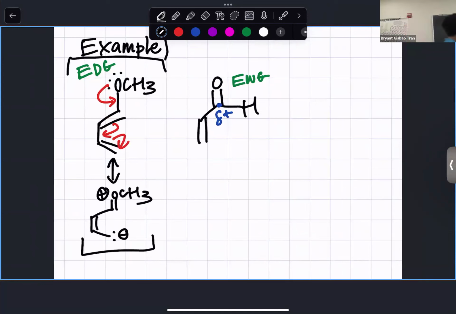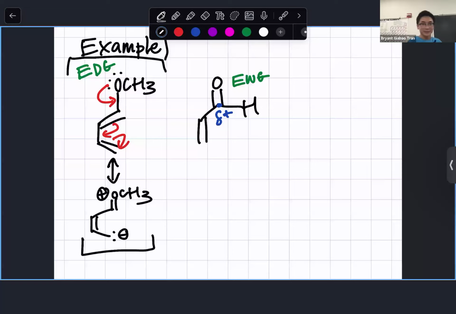So this EDG donates one set of electrons to make a double bond there. This double bond makes a double bond between these two carbons, pushing that double bond as a lone pair onto that carbon right there, giving that carbon a negative charge. So we see our negative charged atom is on this carbon right here.